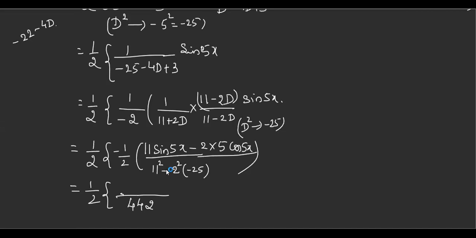Then you take this minus inside, so this negative term I'll write as positive. So 5 2s are 10 cos of 5x minus 11 sine of 5x.